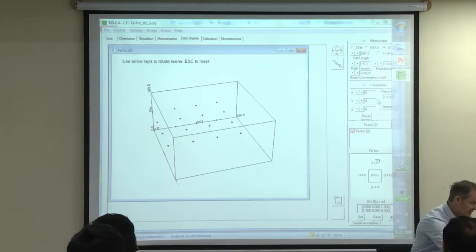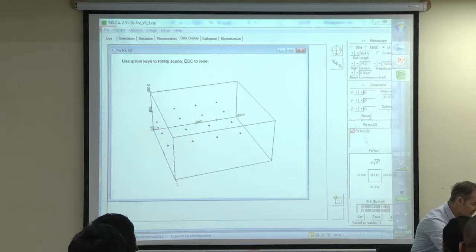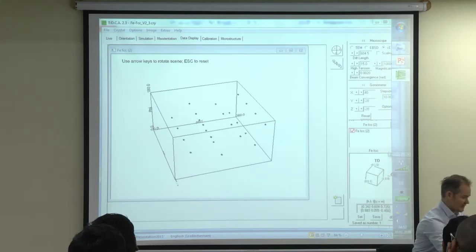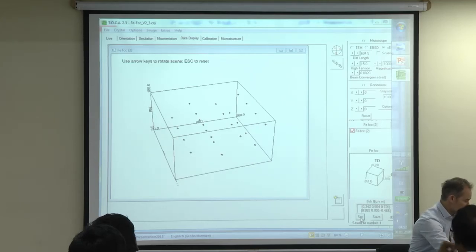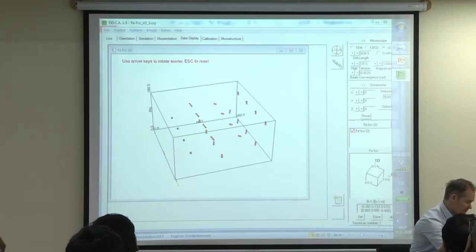That means I will take a crystal. Let's start with one selected crystal. So I start with this crystal, set. And now I make a regular rotation, let's say in 5 degree distances, around that axis, set. And another 5 degrees, set. And another 5 degrees, set.